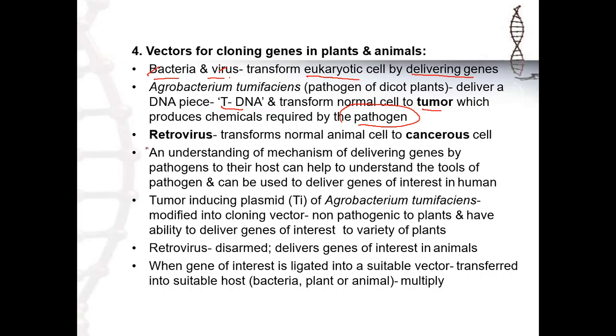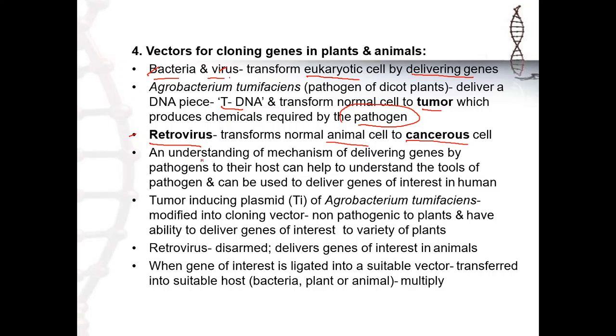But in animals naman, it is the virus that transforms the DNA of the host animals, using the retrovirus. So retrovirus transforms normal cell into a cancerous cell. Pag nag-cancer pala tayo, that's because there is a retrovirus in our system that transforms normal cell into a cancerous cell. So retrovirus is for animals, bacteria are for plants.